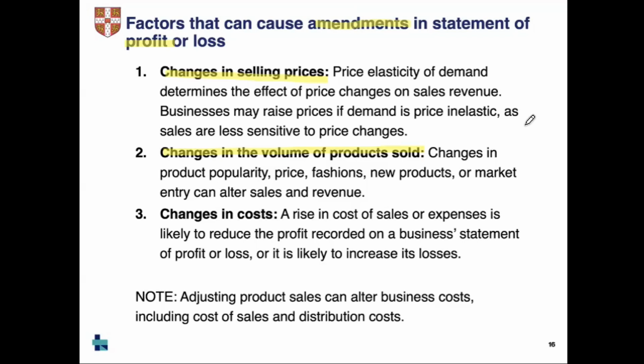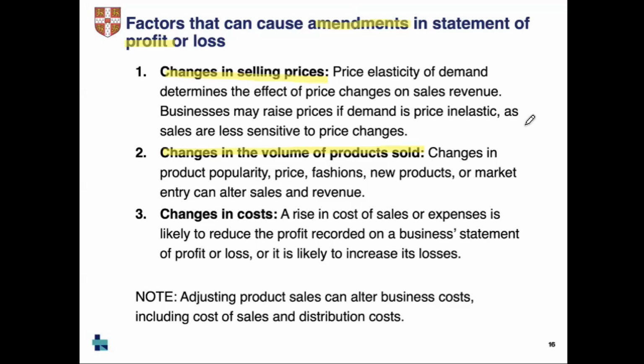And if our revenue is increasing, that means that the sales figure on our income statement is also going to increase. If our revenue is increasing, all things being equal, that is, if our cost of sales is the same, and our other overheads or other costs or expenses are the same, that means that we are going to increase our profits.